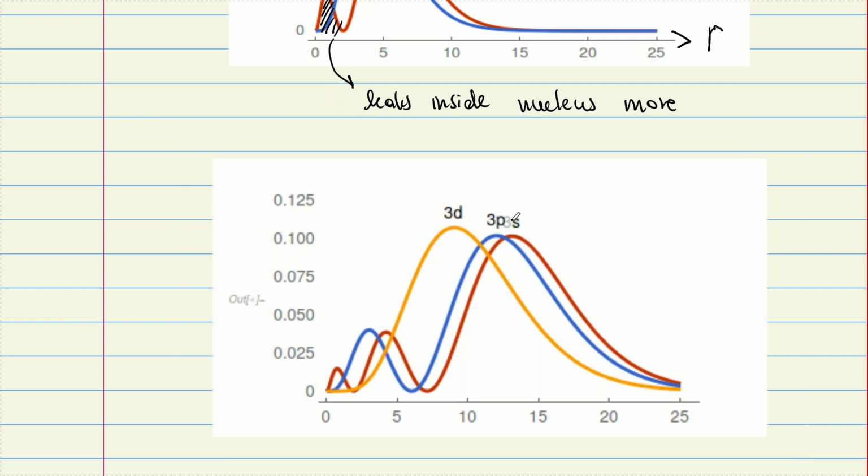In the d orbitals, it's even more so than 2p. At first sight, 3s seems to be furthest away, but if you look at the inside, 3s actually has 1 and 2 peaks that leak inside, much stronger than 3d and 3p. Similarly, if you look at 3p, this blue line leaks more than the 3d line.